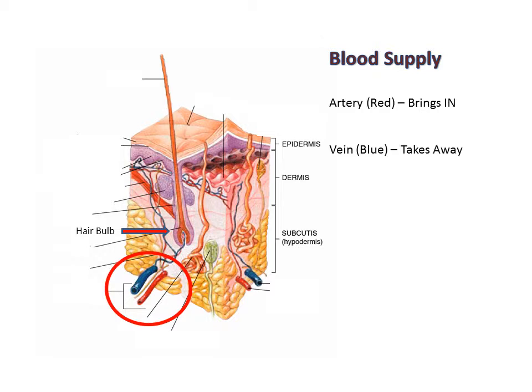And so that comes through our blood supply. So we have an artery, which brings blood in, brings the nutrition in. We have a vein that takes away the toxins and the deoxygenated blood. And then we have the yellow in between the two, which is our lymphatics, which has to do with inflammation and infection.